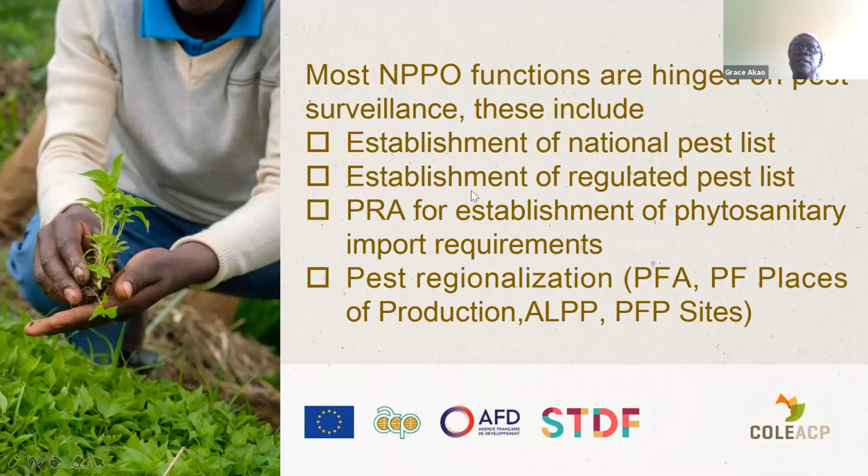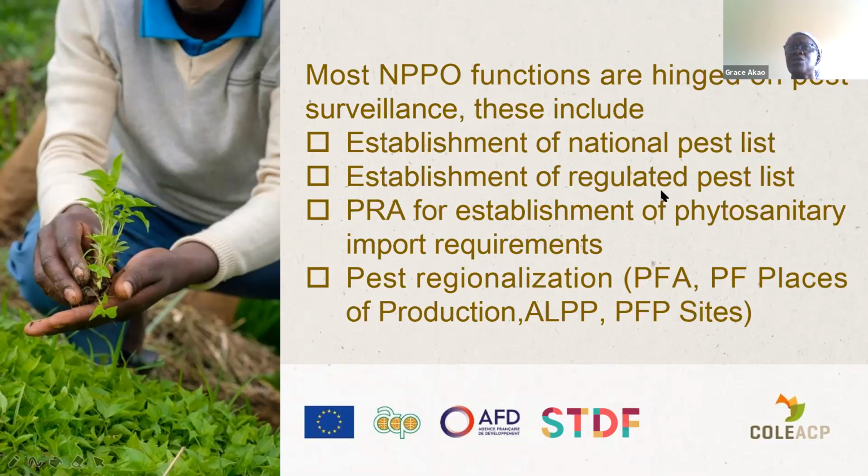Surveillance also helps you in the establishment of a regulated pests list. Regulated pests can be regulated non-quarantine or regulated quarantine pests. When it is a regulated quarantine pest, it means that pest organism does not occur in your country, and therefore you have to take keen action to ensure that it is not introduced.